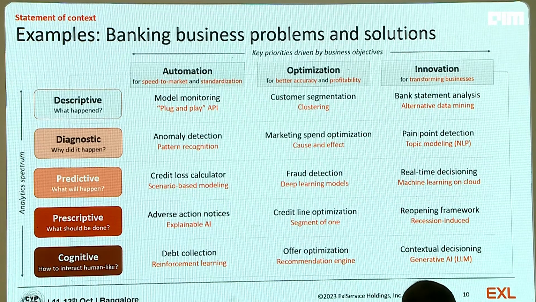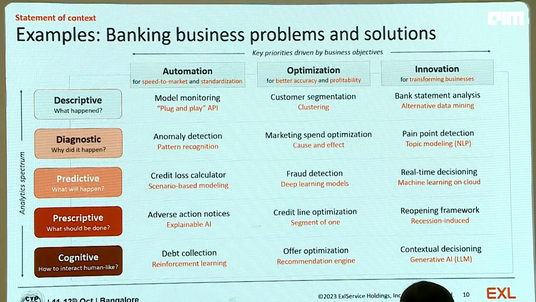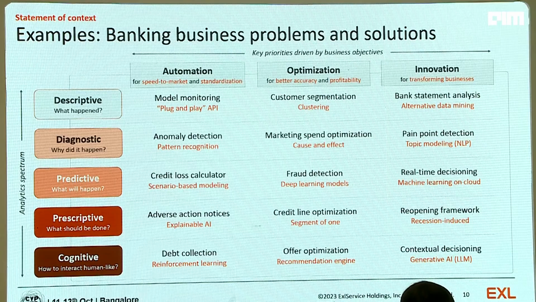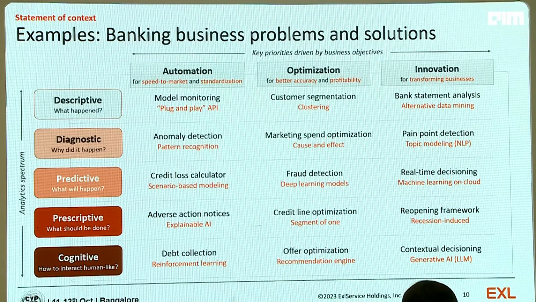But let's take an example of diagnostic versus innovation. So you have a problem of churn. Churn means customers attriting. Now, one traditional way of looking at things is to look at the data and build a model of churn with a binary classification, churn, no churn. However, you can also look at the call transcripts between the customer and the banking agent.